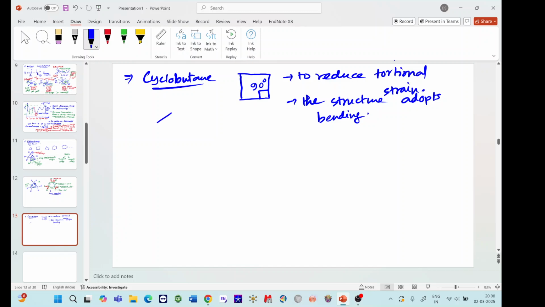So there are two conformers, either this way. Here we have 4 carbon, or this way.